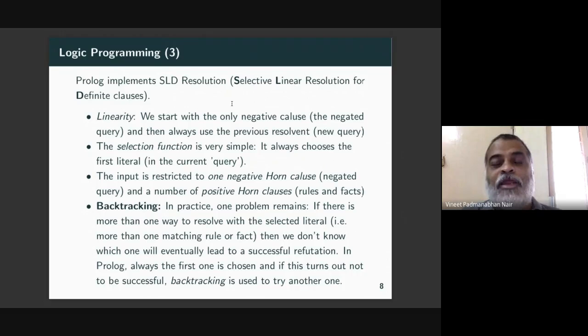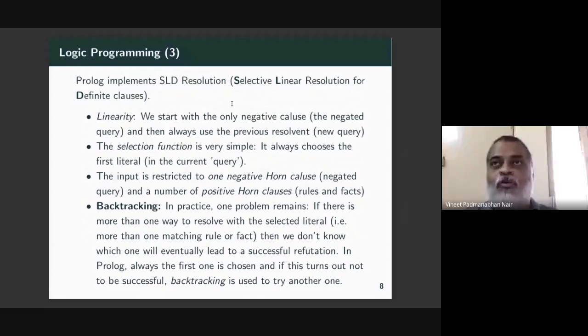Once you have applied the negated query to the set of facts and rules, you get certain offshoots of that, which are called the resolvents. The negated query gets cancelled with the positive part of some fact or rule, and whatever is remaining is the resolvent.